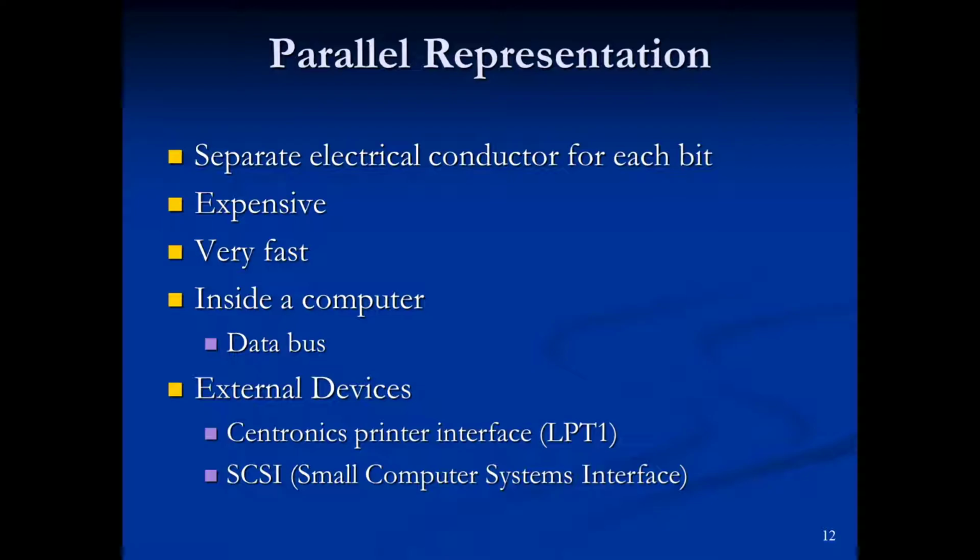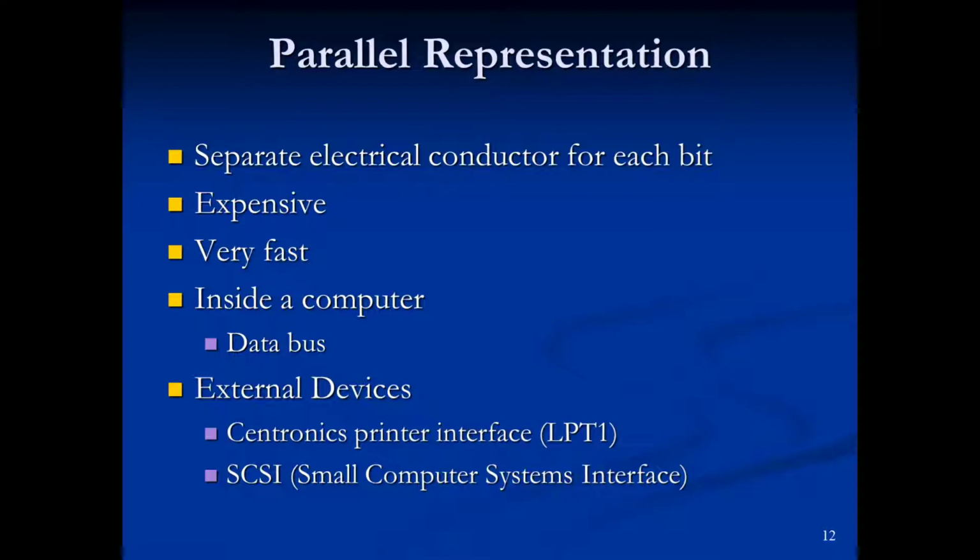Parallel, if it's an 8-bit parallel bus, and by bus, I keep using that term, but basically I just mean a set of conductive lines that devices can place voltages on to represent bits. So it's just a term for the collection of conductors over which we're transmitting or receiving data.